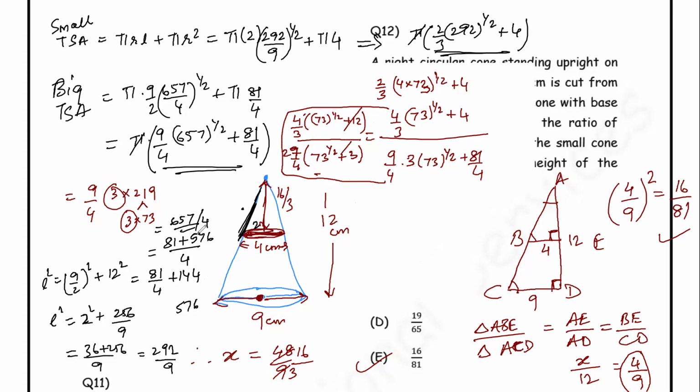Yeah. 4 by 3. This is 9 by 4. And then 3 into 3 into 2 into 73, right? 3 into 3 into 73. 81 by 4.